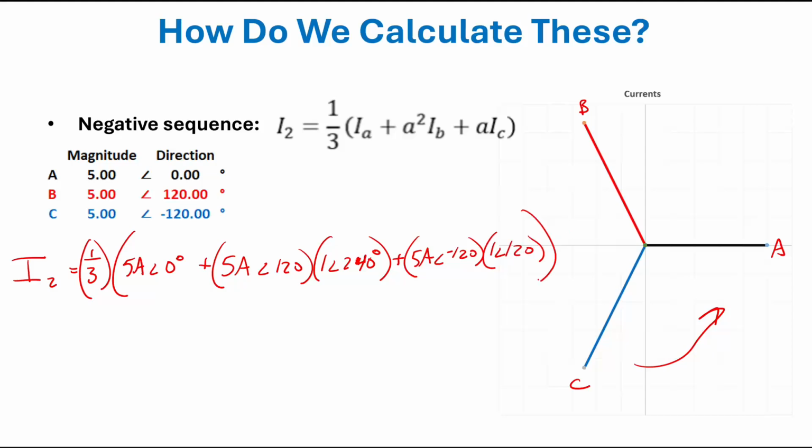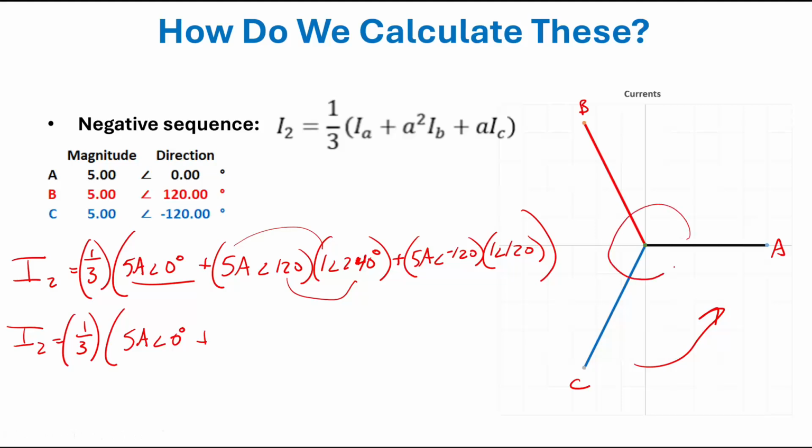And then you're going to close that. And so we have I2 equals, let's combine like terms. We have 5 amps at an angle of 0 degrees plus, well, this is 5 amps, multiply the magnitudes, add the angles. 120 plus 240 is 360.